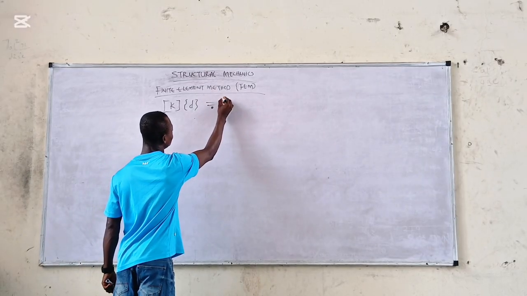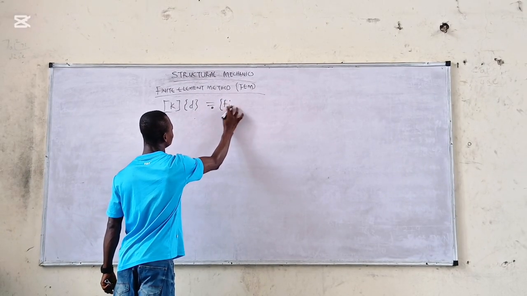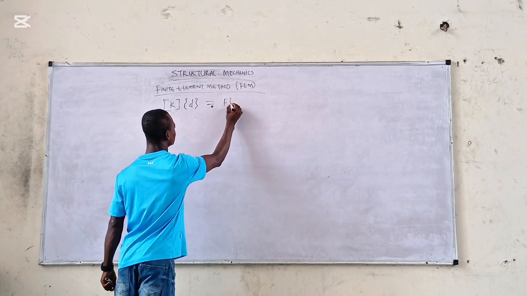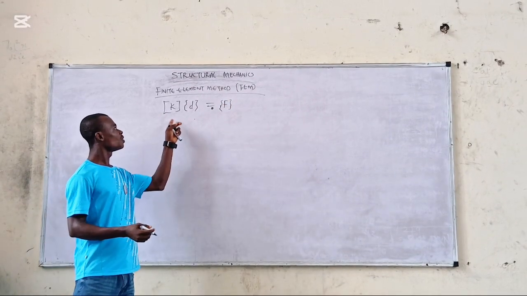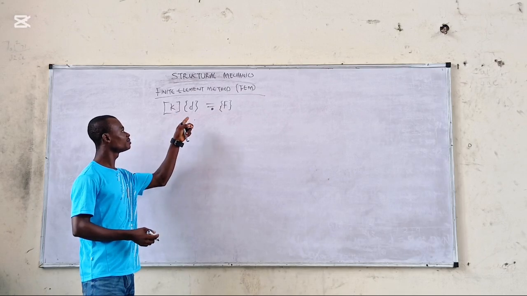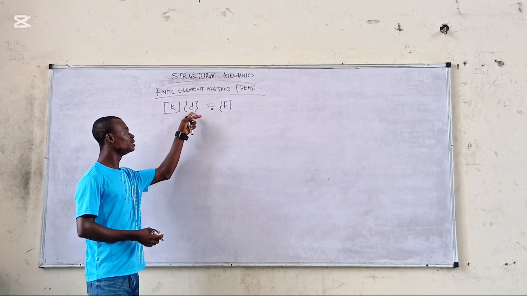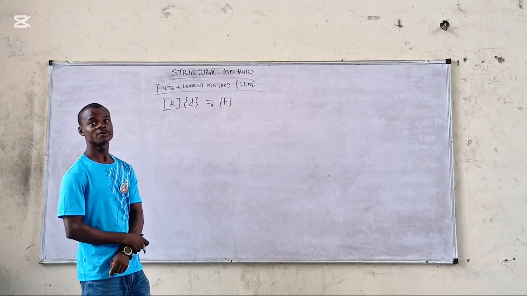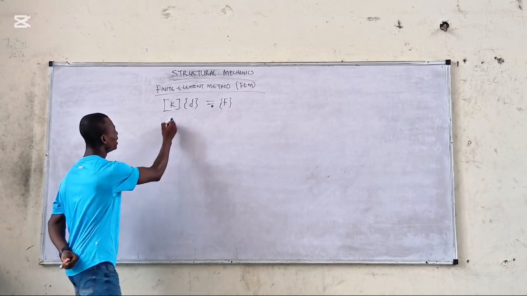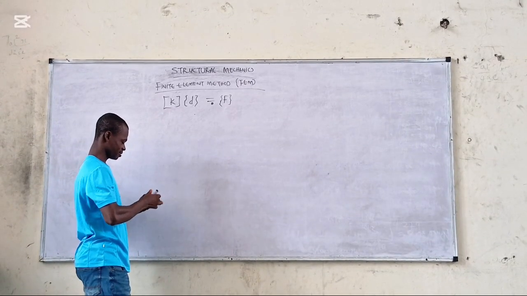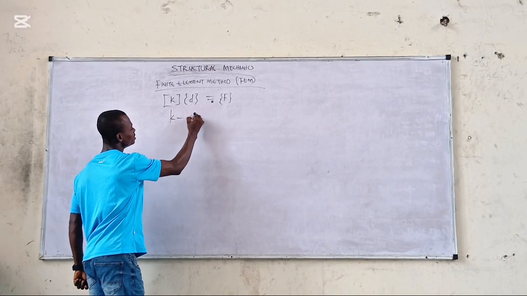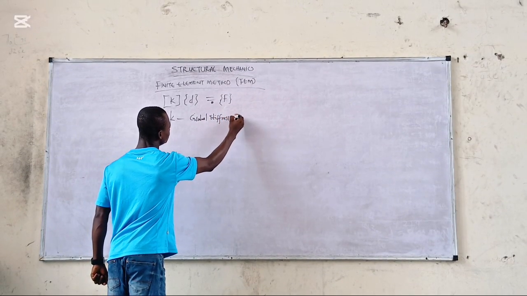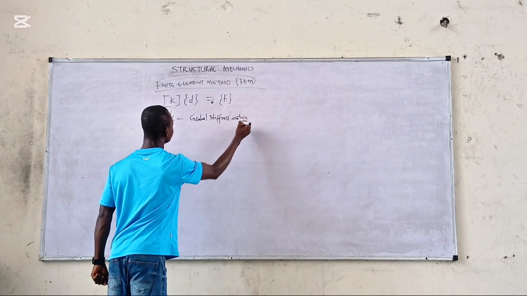K D equals F. So we have here the matrix K multiplying D, being the displacement vector, and F, the force. In the finite element method, our K is the global stiffness matrix.